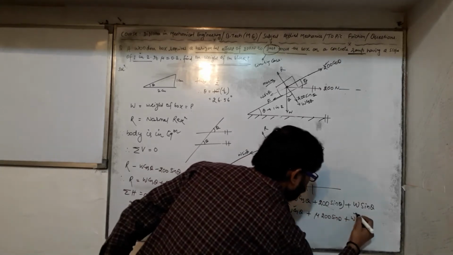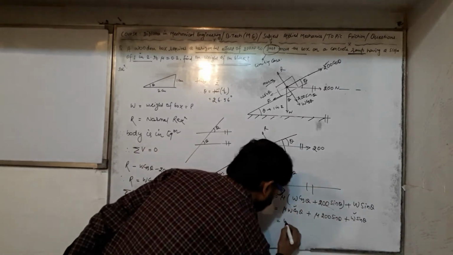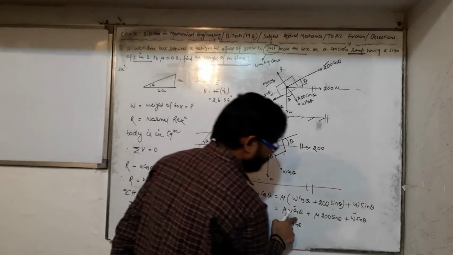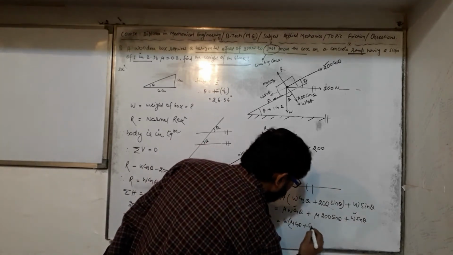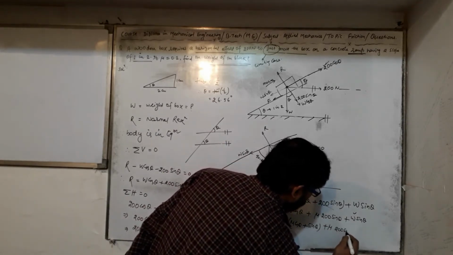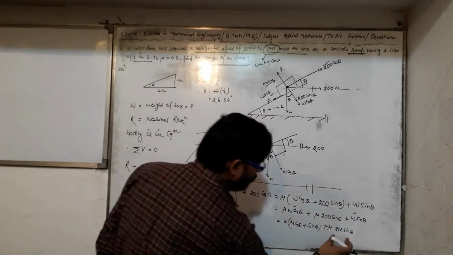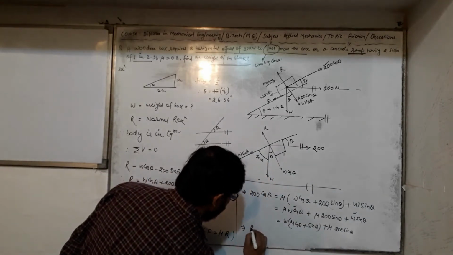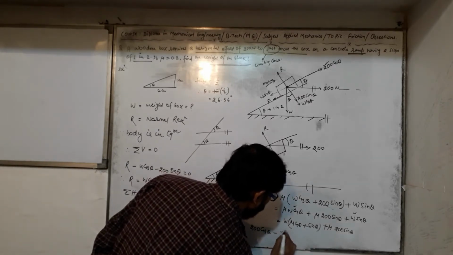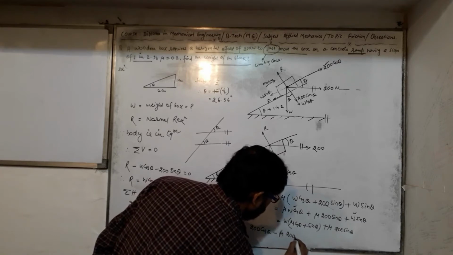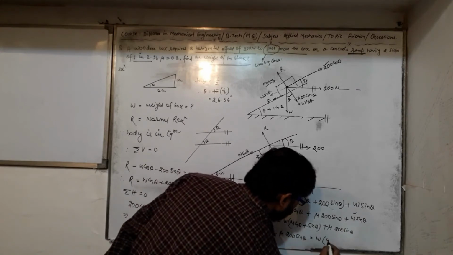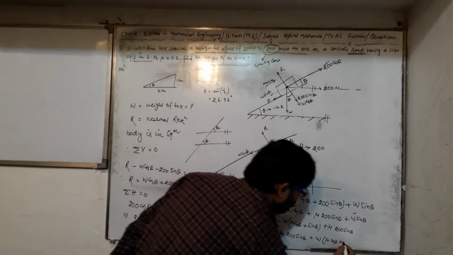From these two terms I am taking W as common, so mu cos theta is left in the first term and sin theta is left in the second, plus mu times 200 sin theta. Transposing this term to the left-hand side, it becomes 200 cos theta minus mu times 200 sin theta, which is W times mu cos theta plus sin theta.